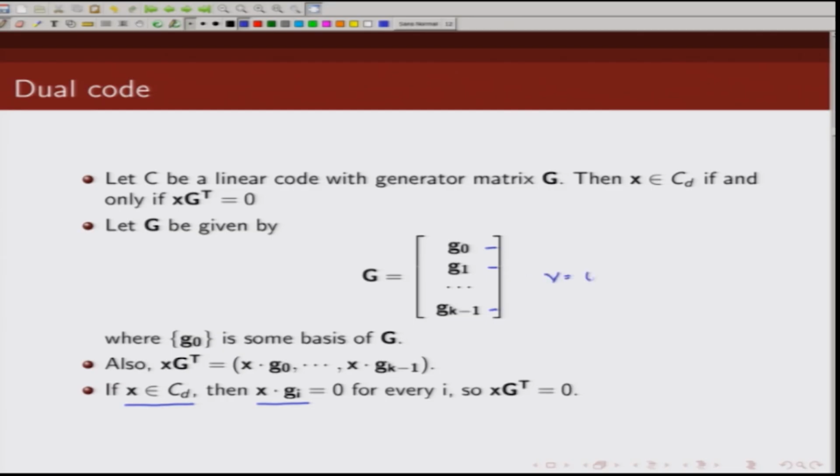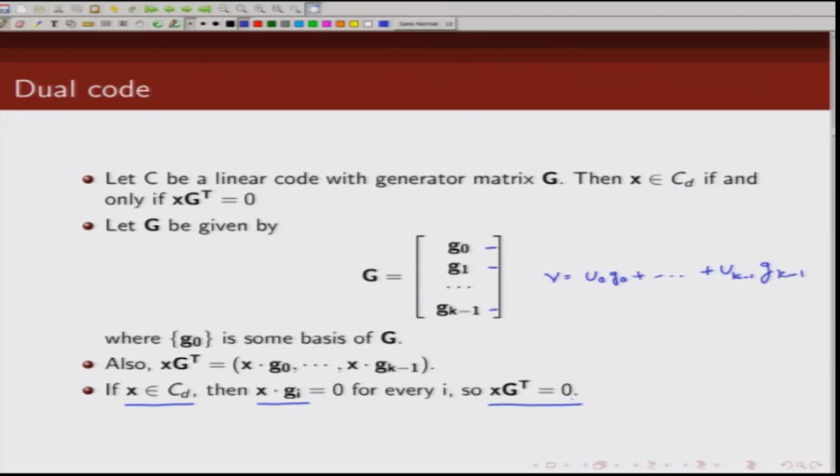V is u0 G0 plus dot dot dot plus uk minus 1 Gk minus 1, right. So, if X belongs to the dual code, then the inner product of X with Gi's would be 0, and hence X G transpose will be 0.